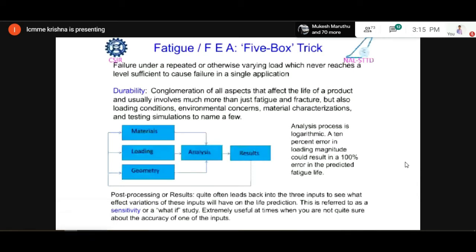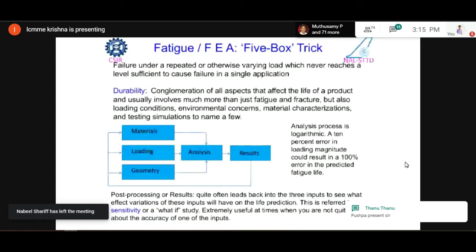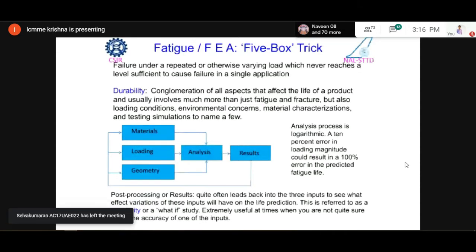A 10% error in the load magnitude could result in a 100% error in the predicted fatigue life. So the input variables like material, loading and geometry have to be very accurate. The more correct your input is, the better your output will be. The post-processing of the results quite often leads back into the inputs to see what effect variations of these inputs will have on the life prediction.